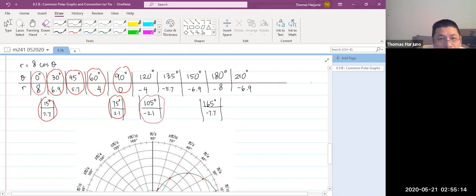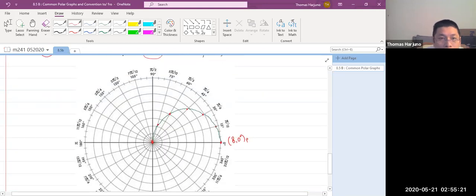So you see the angle is 105, but I will shoot backward, right? So at 105 degrees, I will shoot backward 2.1 here. So this coordinate here is negative 2.1 comma 105 degrees. You see what I mean? That's the coordinate.